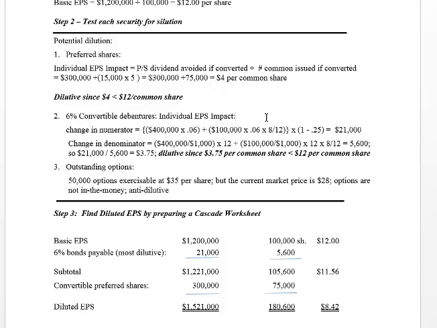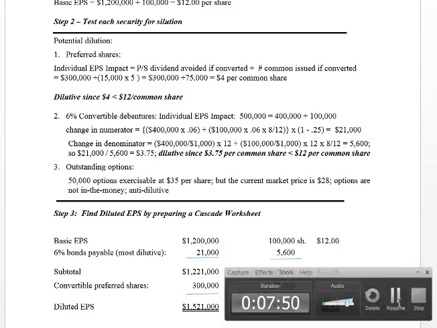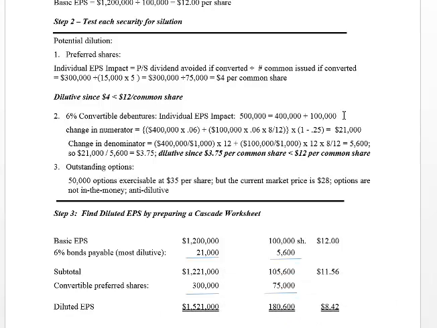Let me just do it here. Of the 500,000 in bonds, we can separate that up into 400,000, which were outstanding from January 1 to December 31st, plus the other 100,000, which were issued on May the 1st.